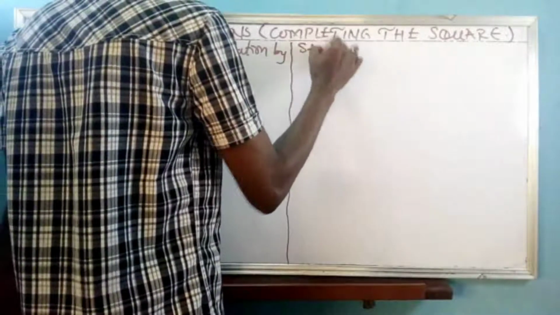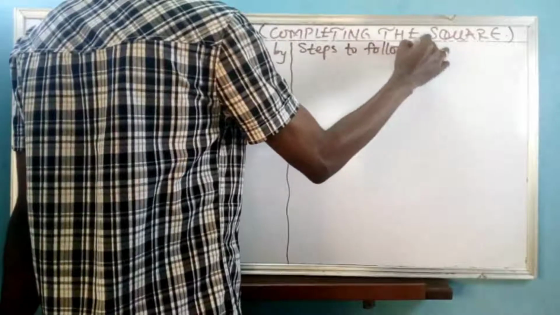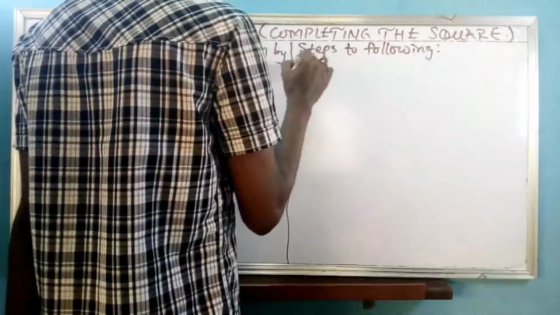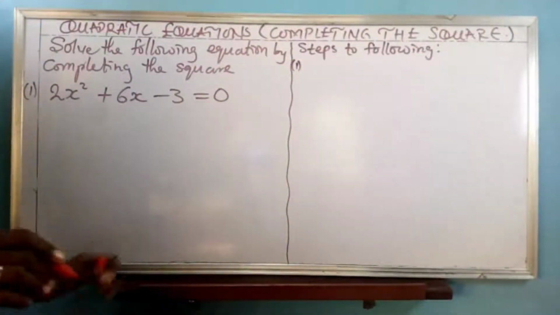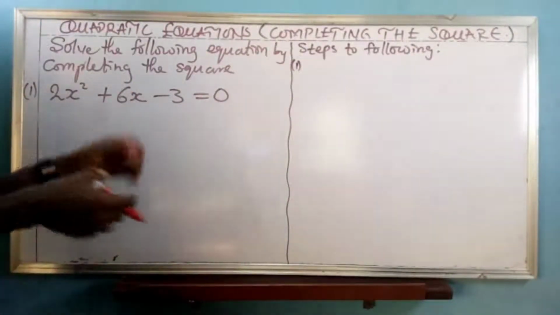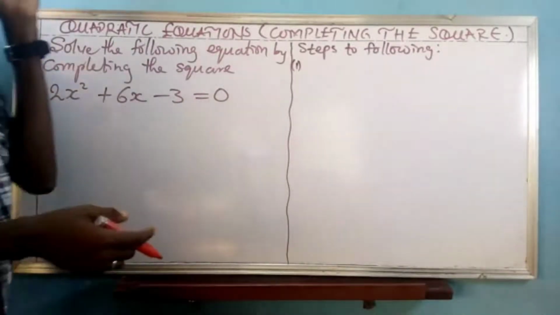Steps to follow when using the completing the square method. The first thing you are going to do, I want to write it down so it will assist you, and when you want to prove the quadratic general formula, it will also assist us there.